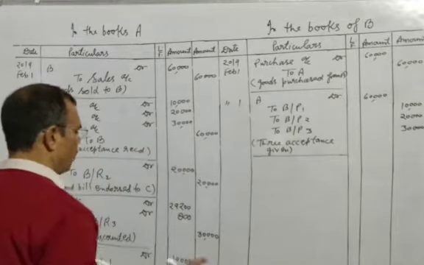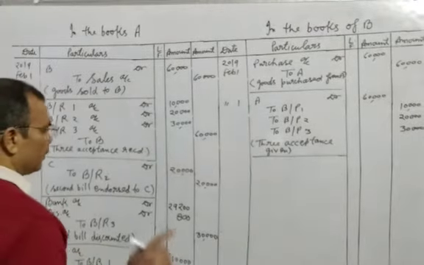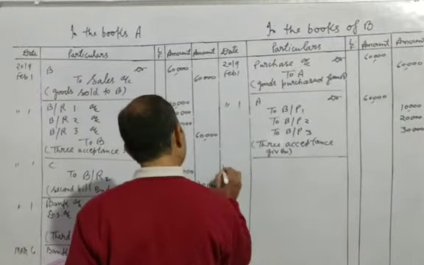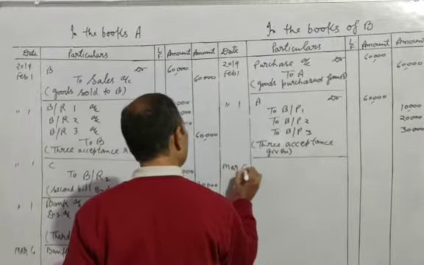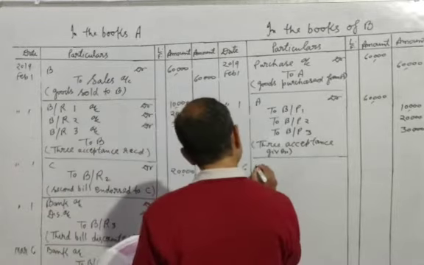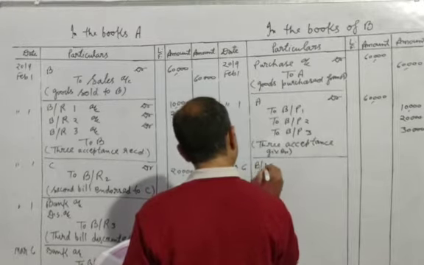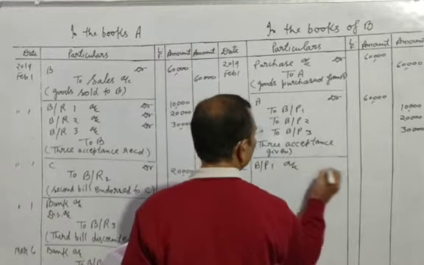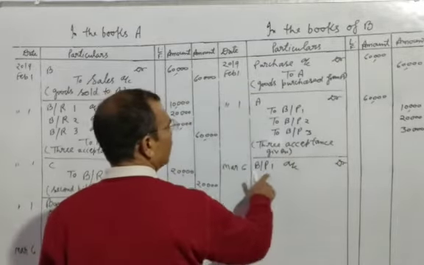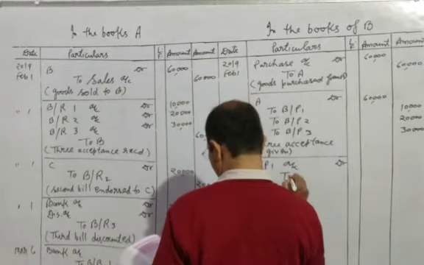Okay, the first bill was cleared, but the payment is given by B, so we will write here March 6, and the payment will be given. So the entry we will pass is BP1 account debit to bank.